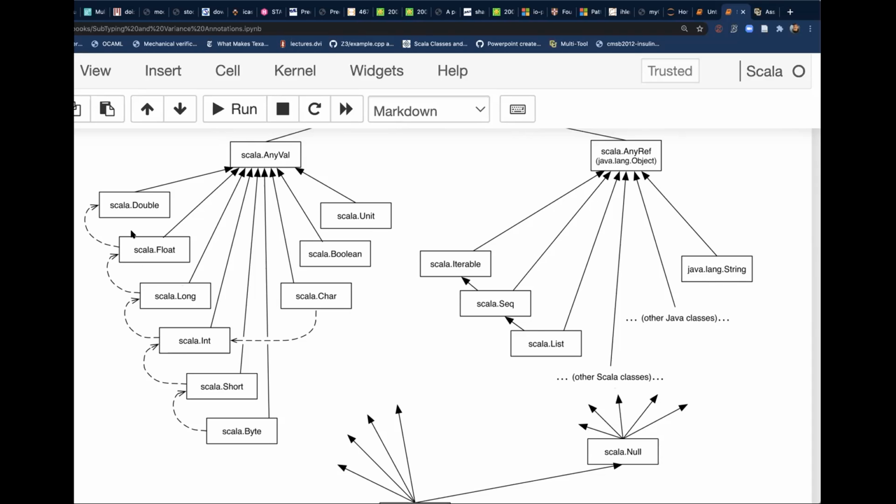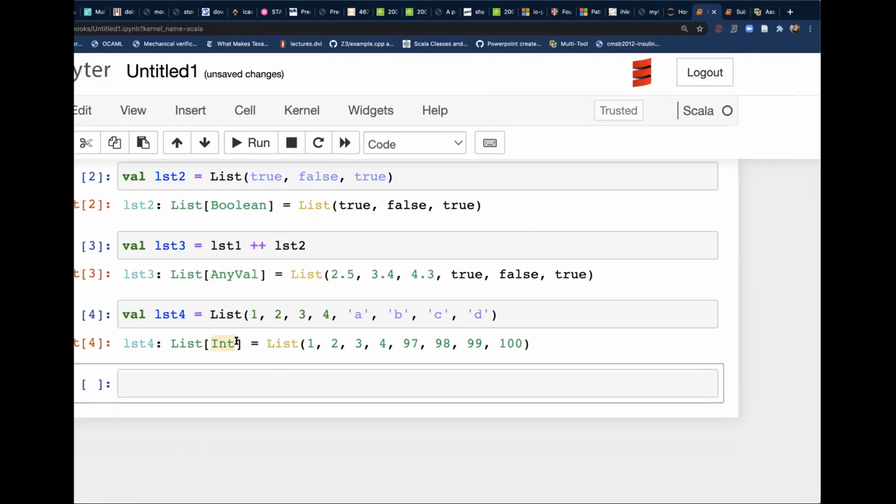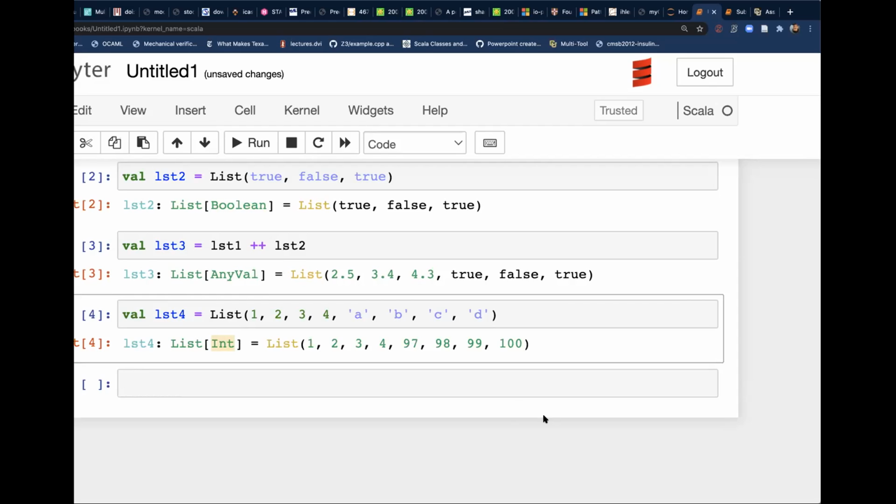Now, int union char in Scala is going to be tricky. Let me show you what happens. There is something called an implicit conversion between an int and a char. So let's do val list4. I'll do implicit conversions later, but in any case, let me do a list of ints 1, 2, 3, 4, and chars A, B, C, D. It still types it as a list of int, and see what has happened to A, B, C, D. They have become 97, 98, 99, 100.